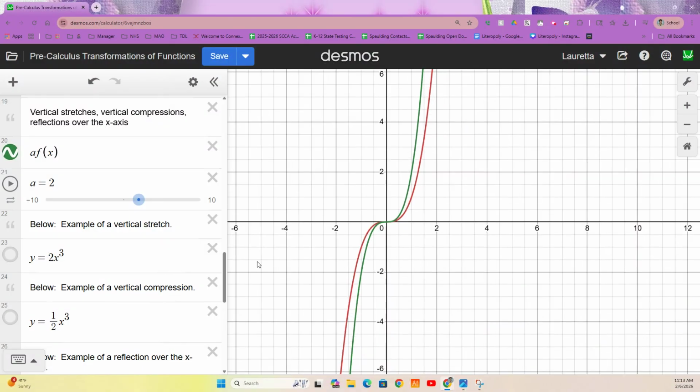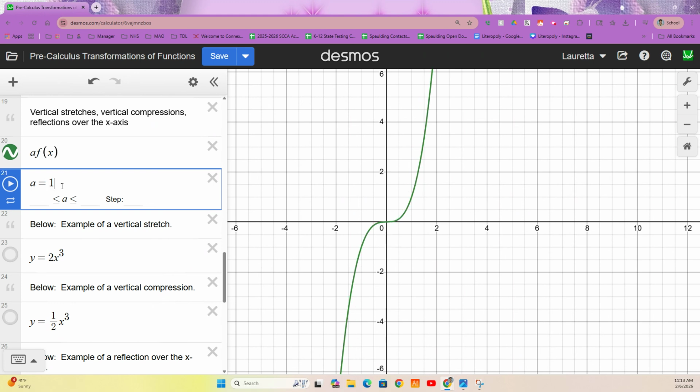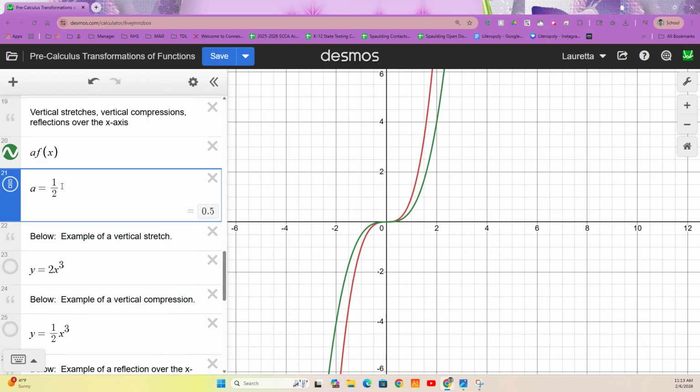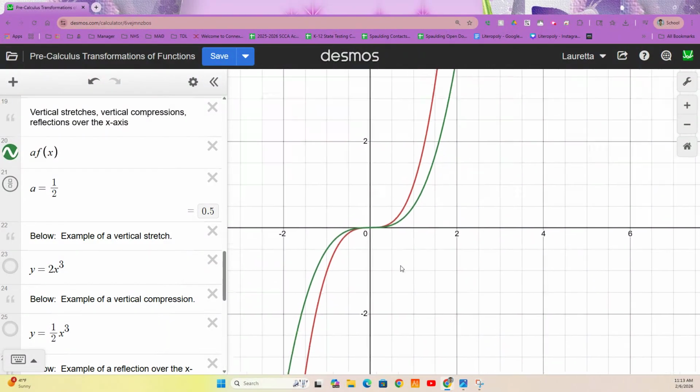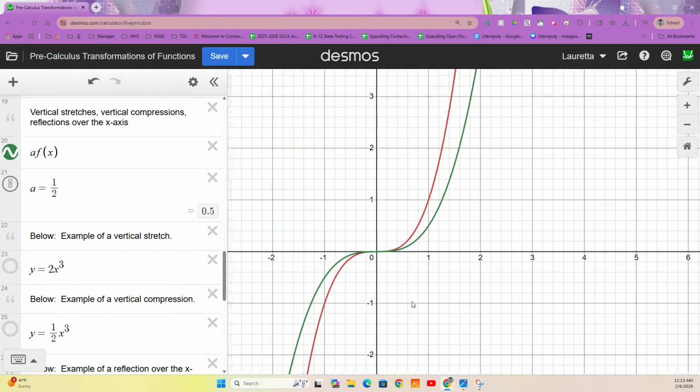Now, if the absolute value of a is greater than 0 and less than 1, then you have a vertical compression. If I use 1/2, let's look at the parent function in red again.